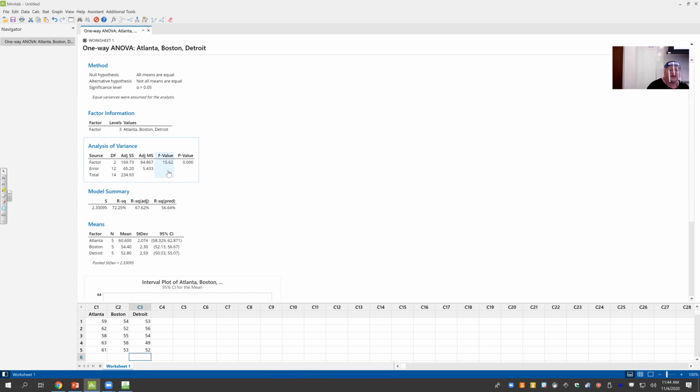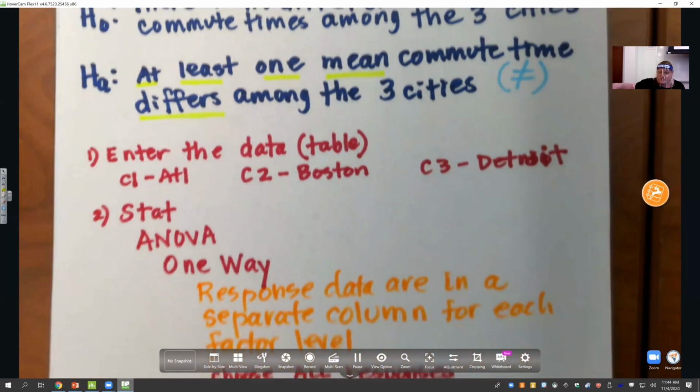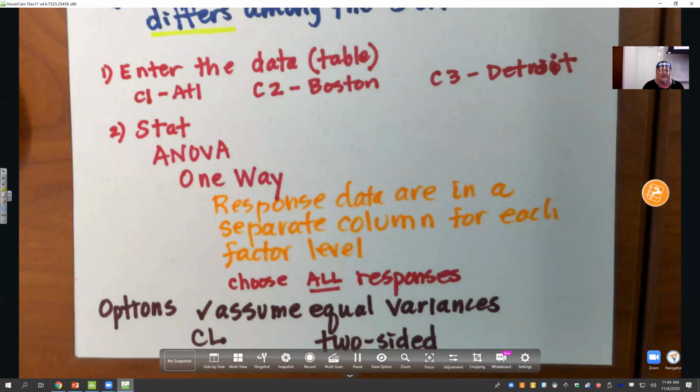Okay, so let me go back over here for just a minute. If you want to write down those steps, if you weren't able to write them down as I was speaking: you have to enter the data. Once you have your data entered, you go to Stat, ANOVA, one way.